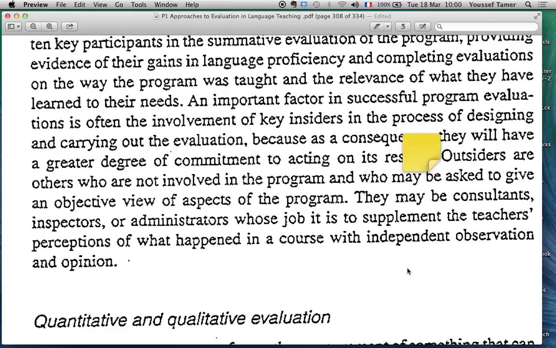It was part of an evaluation going on, because the ministry is collaborating with the British Council to evaluate ELT programs, the teaching and learning of languages. So he came to collect data, and he went to schools and met students and teachers.